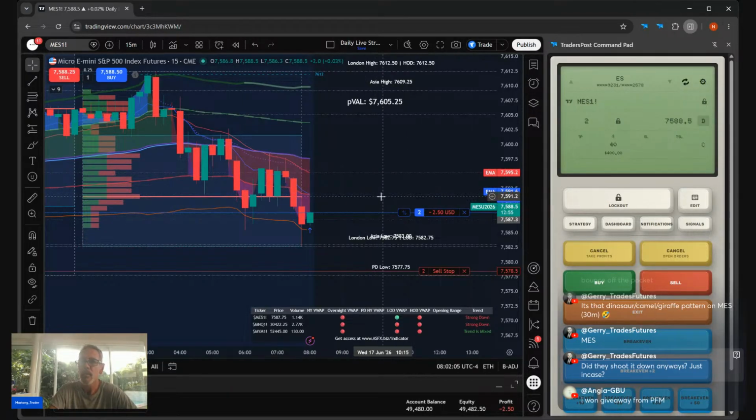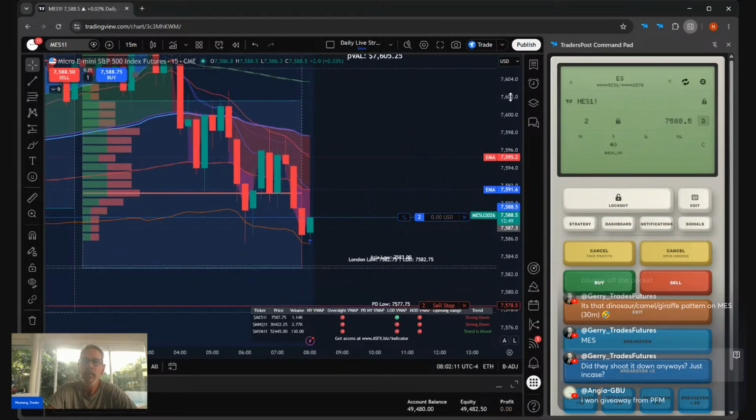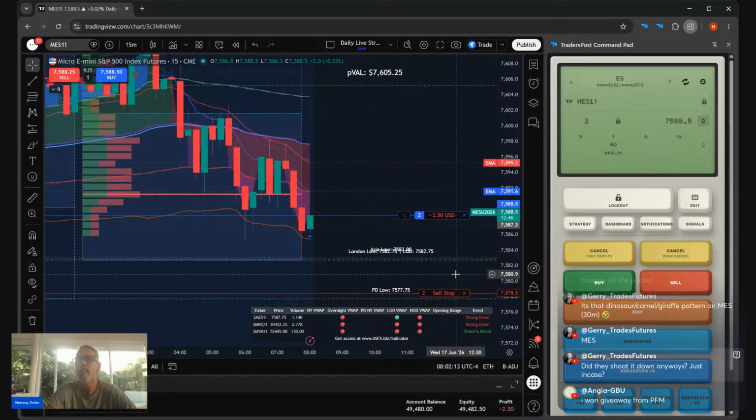Point of control is sitting at 75.9120. Let's see if it makes it up there. Do not want my stop loss that far down.